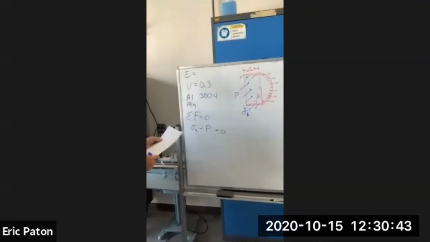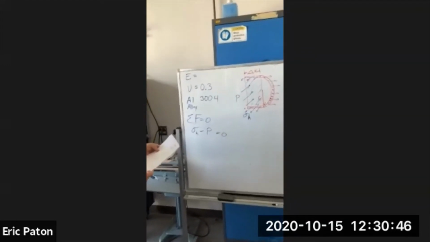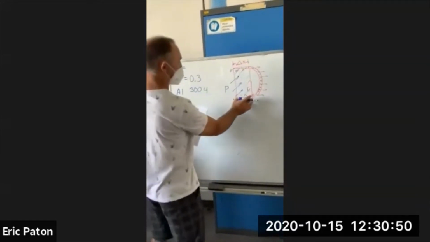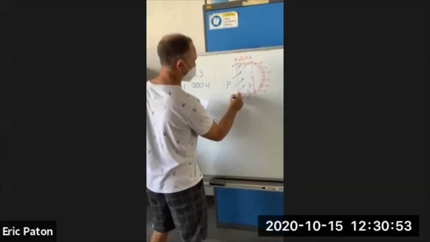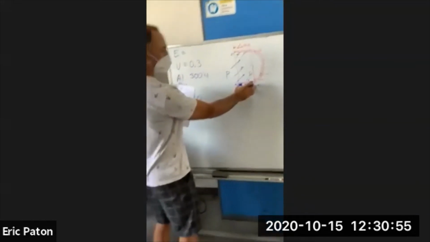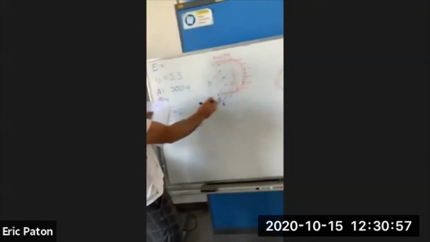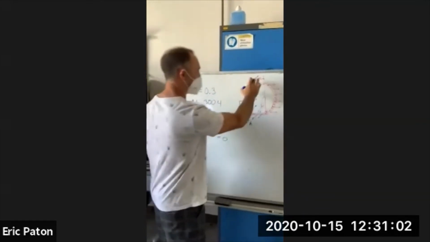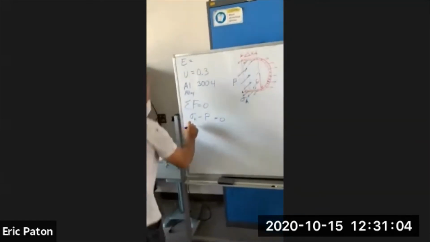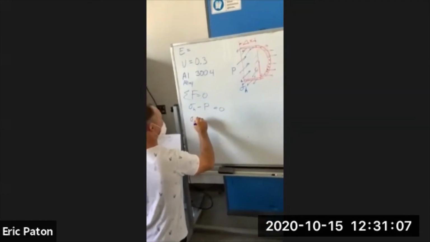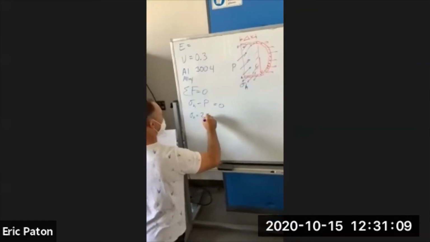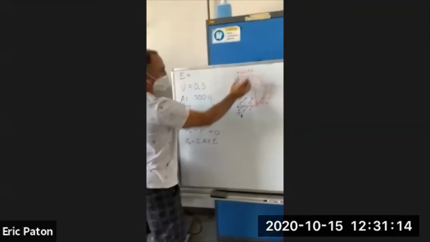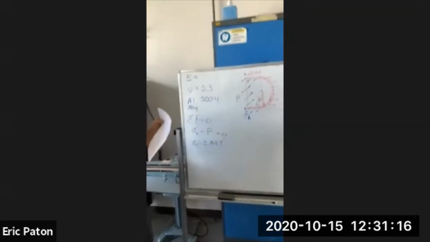So the stress in the hoop is just the thickness, which is T, times the length, which is delta X. So it's T times delta X, but we have 2 of them. So it's 2 times delta X times the thickness. That's the cross-sectional area of the stress on the thin wall.